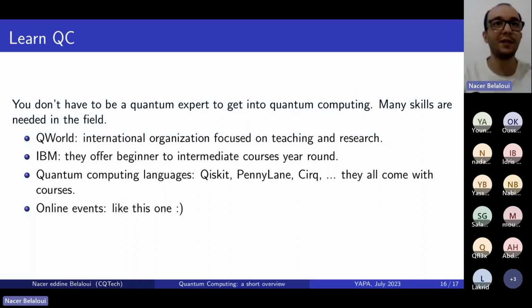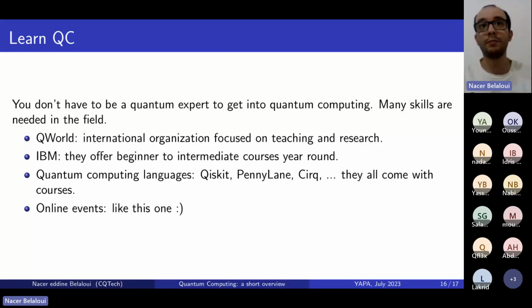Actually, we did deliver a course on topological quantum computers with them. So they're focused on teaching and also on research. They do have some research programs every year. And IBM has many of their quantum computers online. Some of them are free. You can just create an account and start coding and start playing around with them.